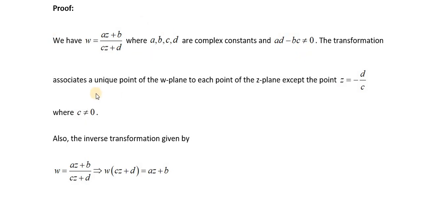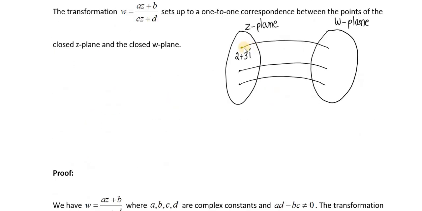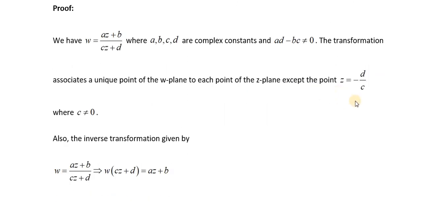The transformation associates a unique point of the W plane to each point of the Z plane. So observe here, each point of the Z plane corresponds to a point in the W plane. Next, except this point. Why except this point? If we substitute this value of Z here, then the denominator becomes 0.